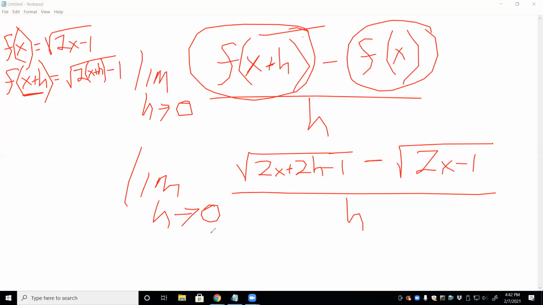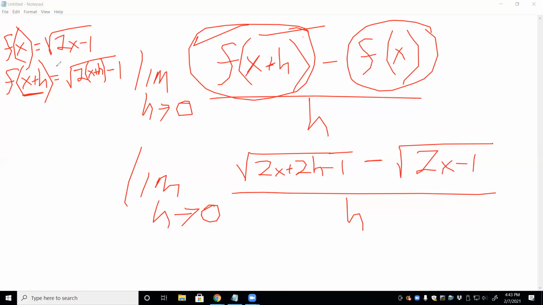Now, the algebra on this. So this should be the conjugate rule, right? We should be multiplying by 1 to get rid of the square roots. Quick question: where did the 2h come from? Is that because we're distributing the 2 to the x and the h? If you start with that, the very next step is always to figure out what f of x plus h is.